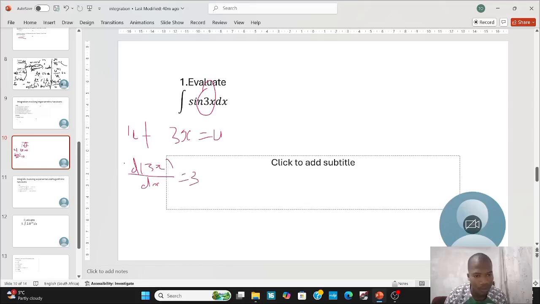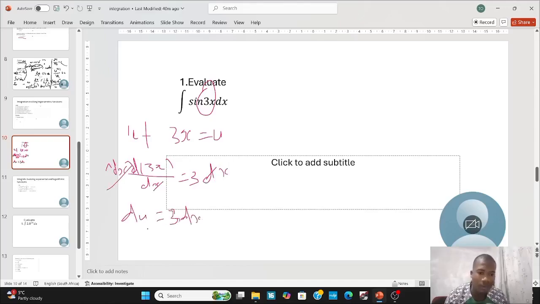Then we multiply both sides by dx, and the dx on the left hand side cancel each other out. Then we are left with du is equal to 3 dx, right?